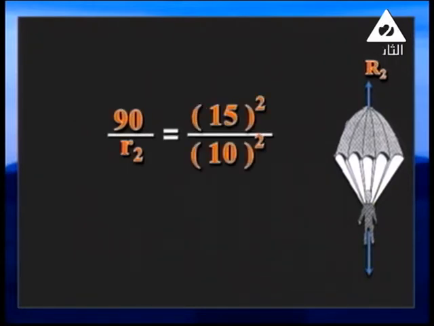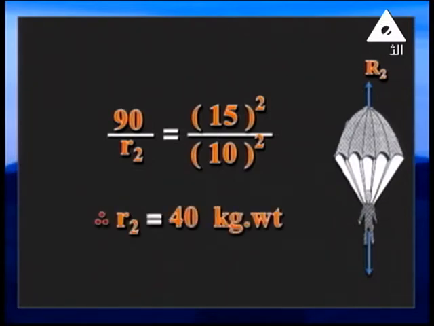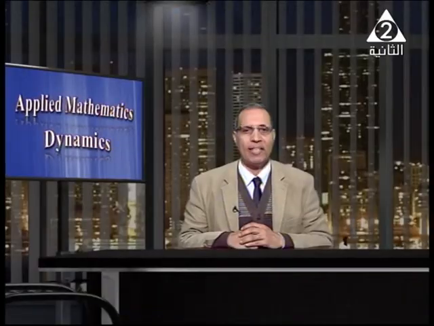By cross multiplication, R2 equals 40 kilogram weight. My dear student, by the end of applications about the first Newton law, we know that the body does not change its state of rest or motion unless an external force acts on it.